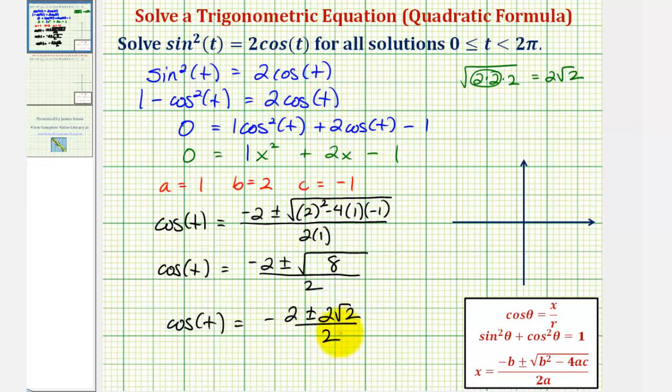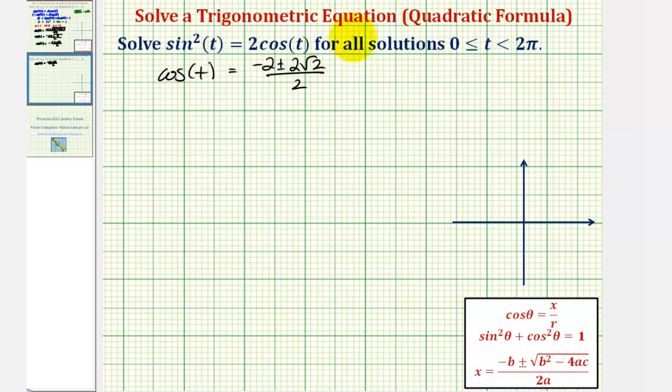Notice how this will simplify, but we cannot simplify across addition or subtraction. So let's write this as two separate fractions to simplify correctly. We would have negative 2 divided by 2 plus or minus 2 square root 2 divided by 2. So cosine t is equal to negative 1 plus or minus square root 2.